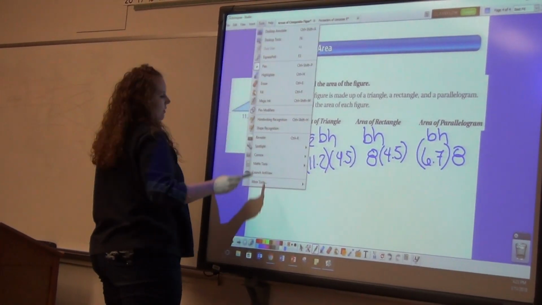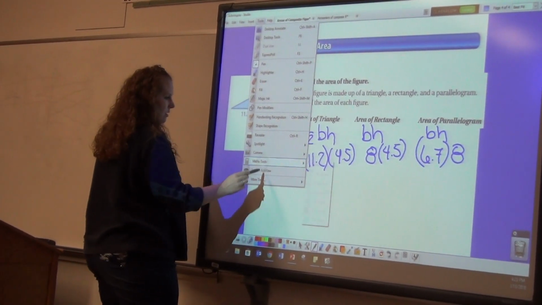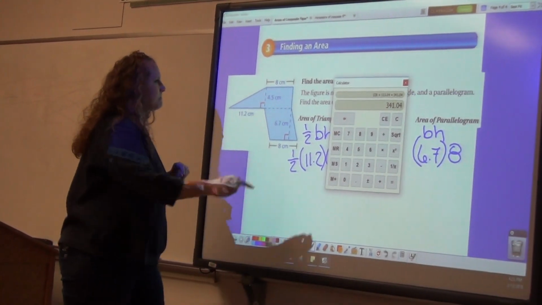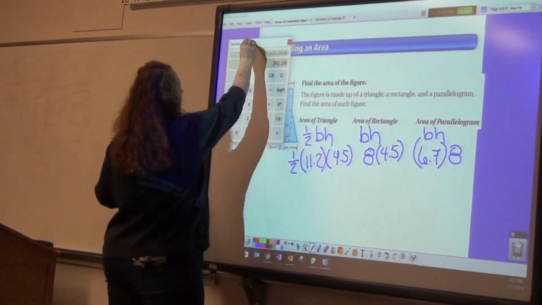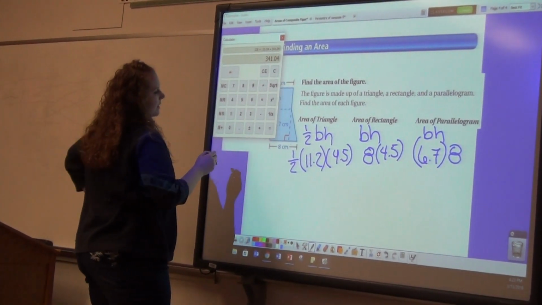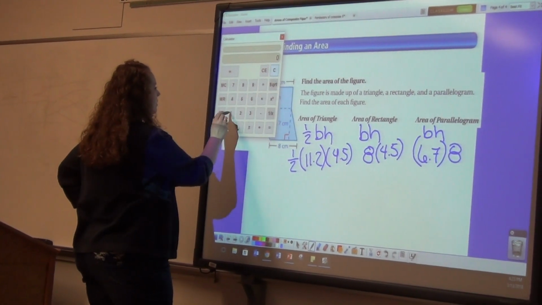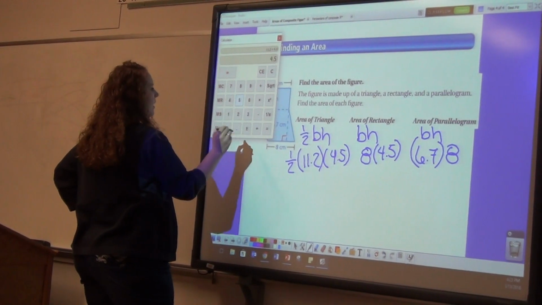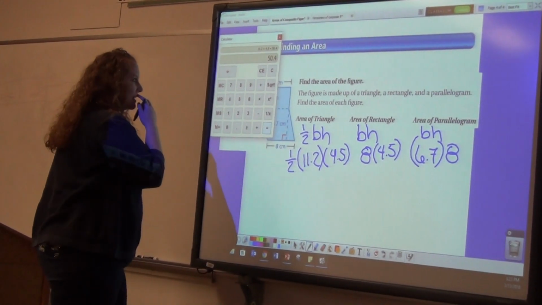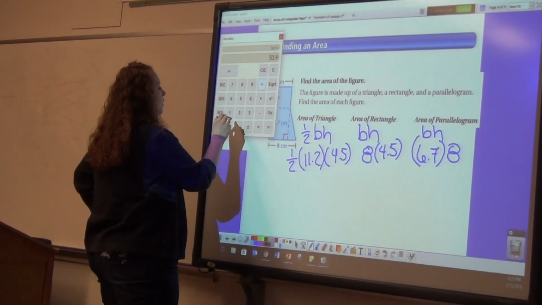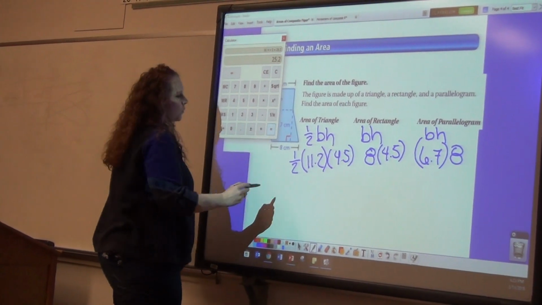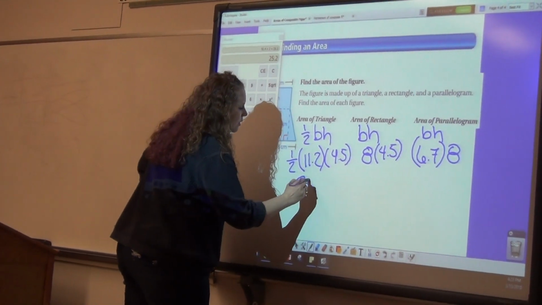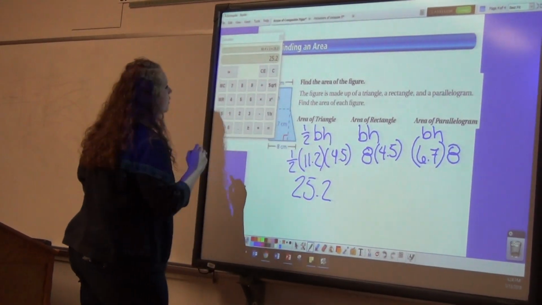So let's pull out our calculator again. All right, we have got 11.2 times 4.5, and we need to times that by 1/2, or divide it by 2, which is 25.2.